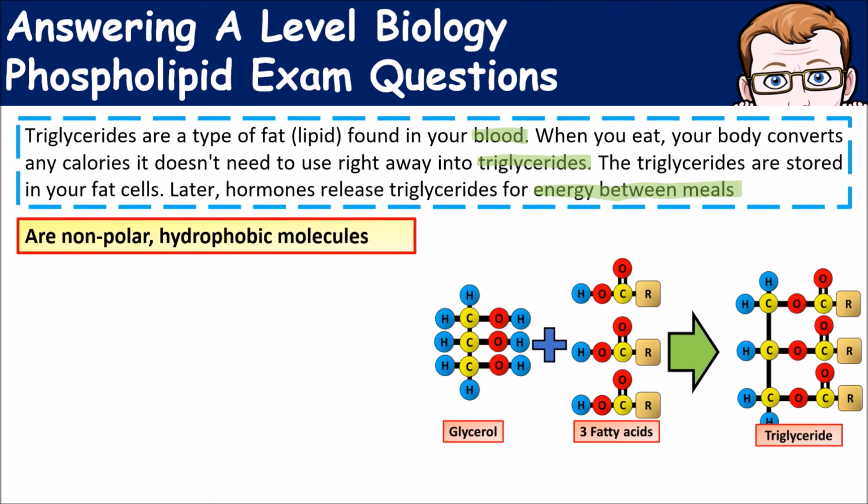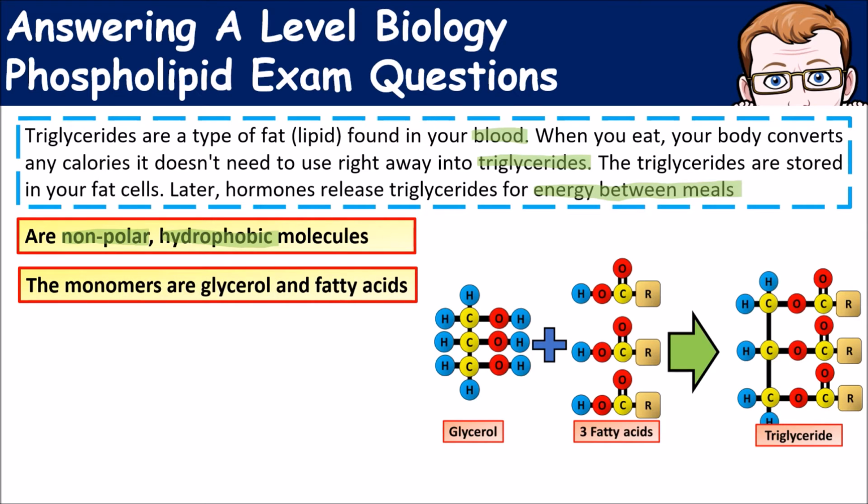If we look at some properties, triglycerides are non-polar, and quite importantly, they're hydrophobic, meaning water-fearing. The monomers, the individual bits that make them up, are glycerol and fatty acids.